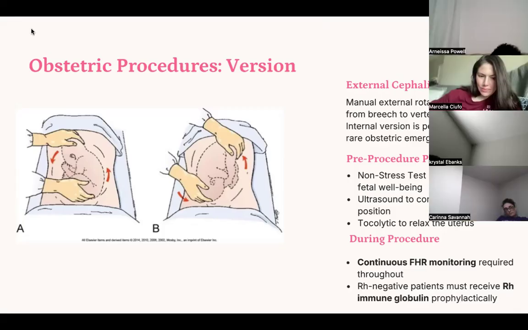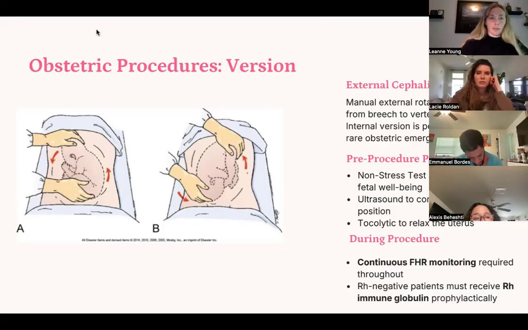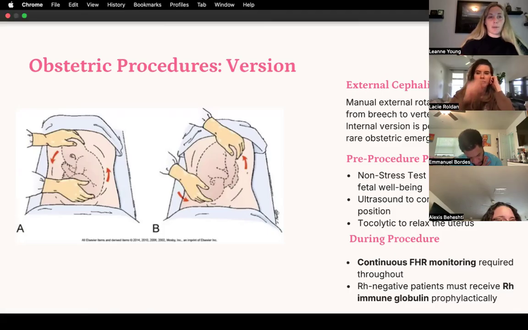The biggest risk with a version is labor, since it can sometimes cause uterine contractions. Moms are typically observed for a couple hours after this procedure to make sure that they're doing okay and that baby is fine following the procedure.